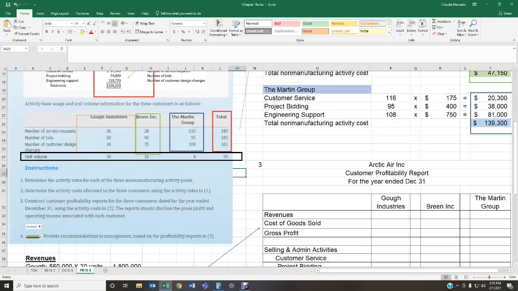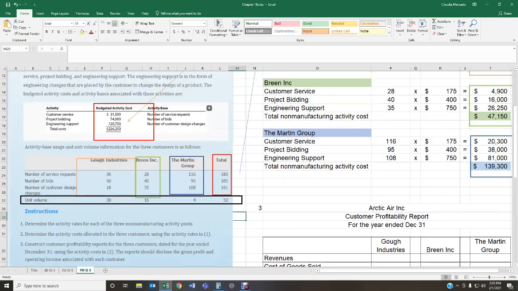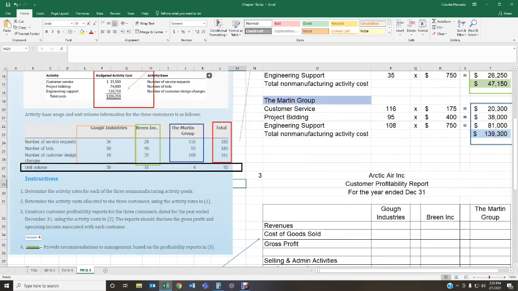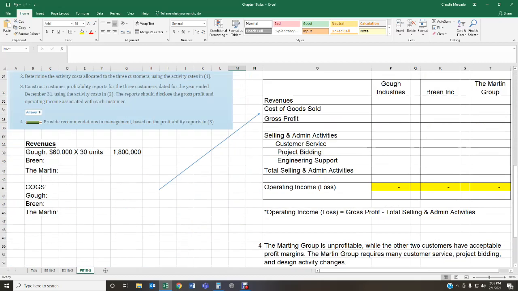For Bryn, we're still going to charge $60,000 per unit. And Bryn purchased 16 units from us. So we've got 60,000 times 16 units. That gives me $960,000.